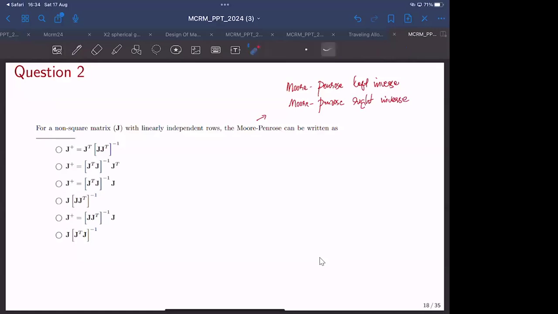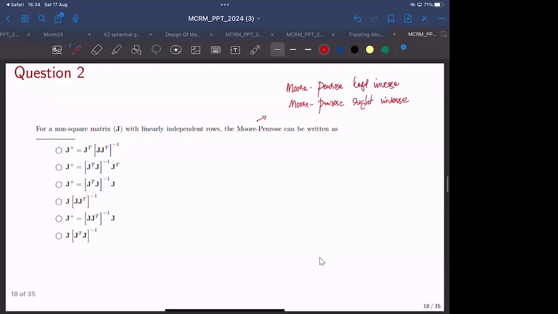So the question specifically asks for the case when the rows are linearly independent. If that is the case, there would be more columns; the number of rows will be less than the number of columns.